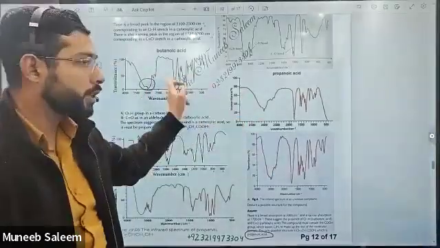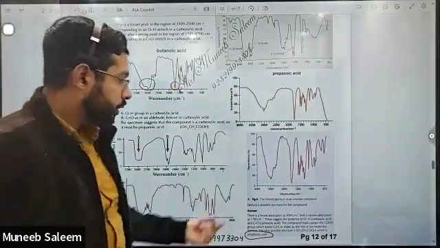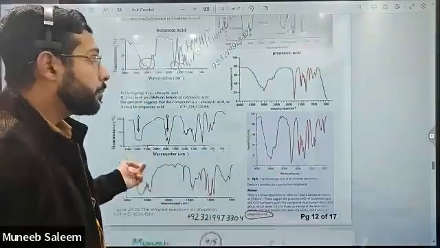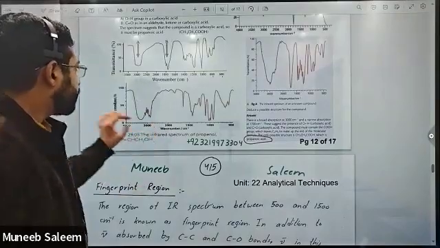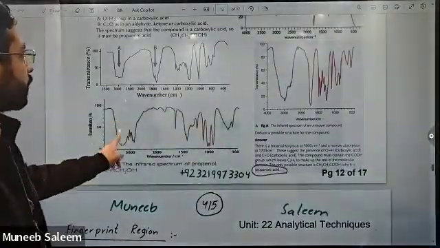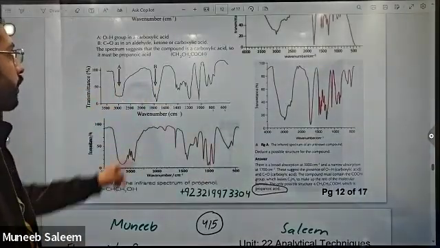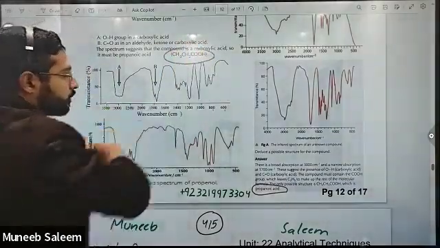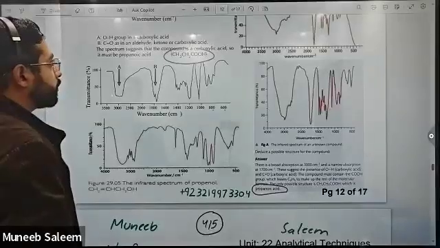All these three are taken from different source books, so you can find a clear resemblance in their pattern of peaks. One more thing: this is also the peak of a carboxylic acid, propanoic acid. So all of them have more or less similar types of peaks.